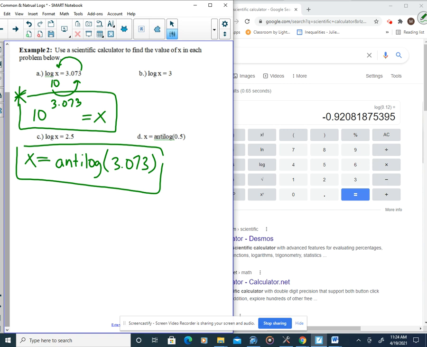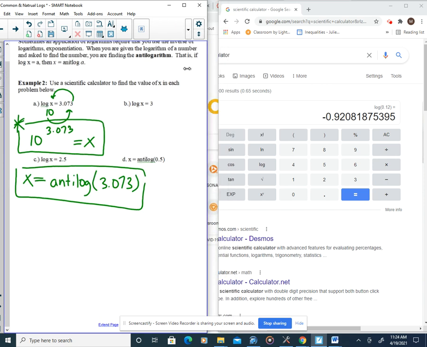So how do you do this on a calculator? Well, let's see if I can see the whole calculator here. Let me move the screen over a little bit. All right, we want to take 10. I can't see the buttons here. Okay. So we're just going to clear our screen. We're going to type in 10.